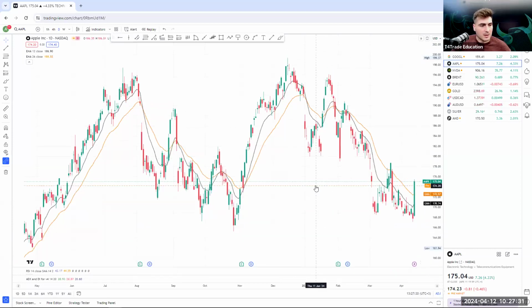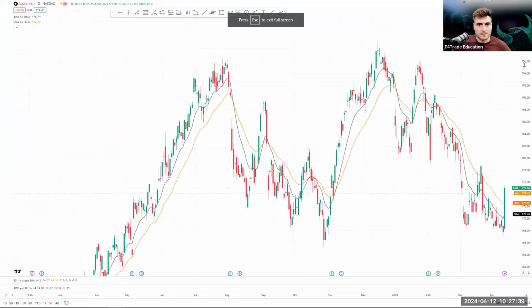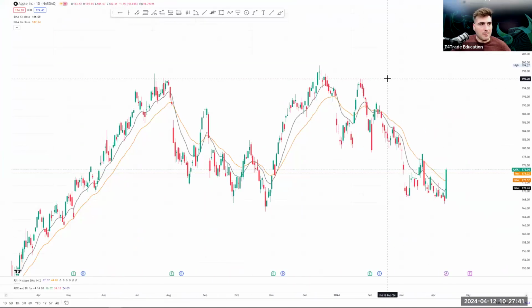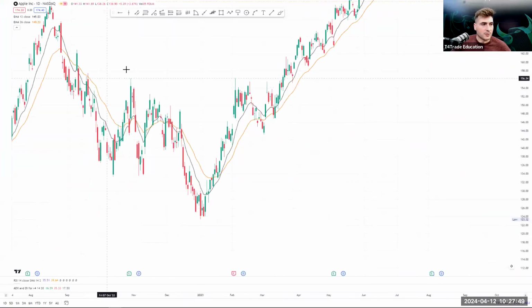Let's hide this and use moving averages only. So what do we have in place here? Looking at Apple, it's a 1 day chart, daily chart. Let's spot the crossovers. Okay, let's go together. The first one I can spot here is right down here.